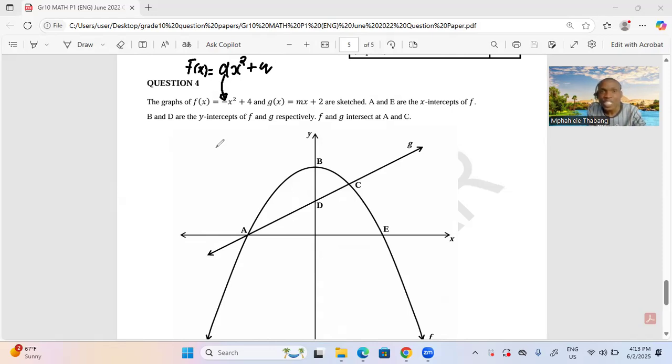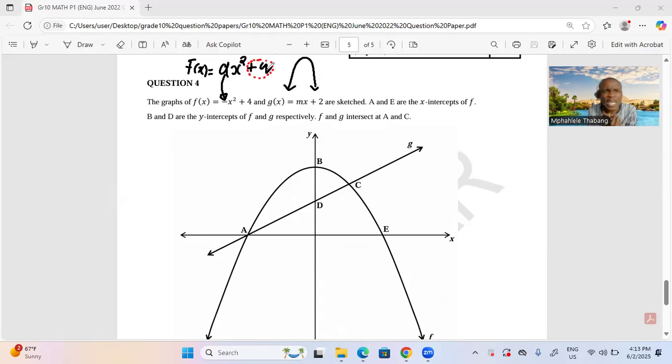It gives you the shape of the graph. We know that when our a is negative, the graph is going to have a shape like this. And q, the variable at the end, tells you about the y turning point.